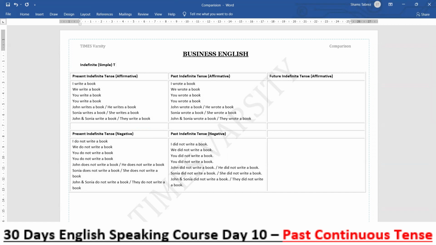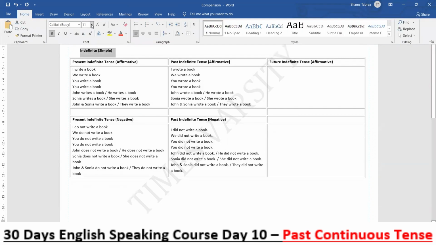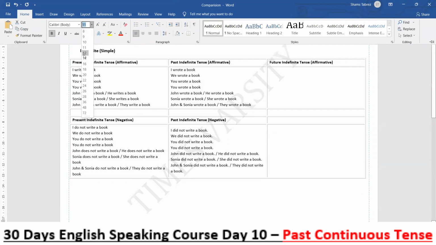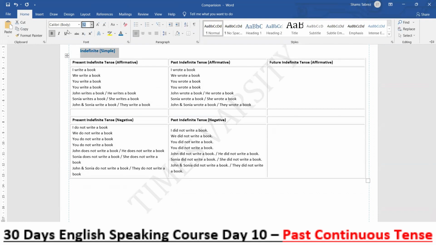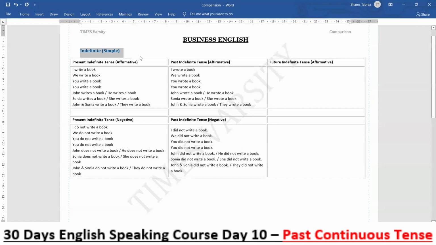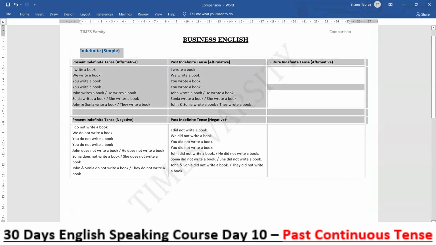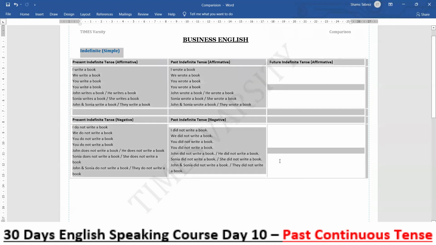Simple, right? So it may be present indefinite or past indefinite or future indefinite. Just now we discussed past continuous. Okay, so let's copy this one and do some comparison.